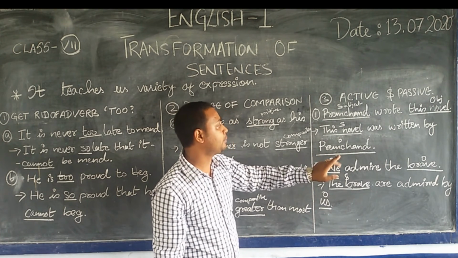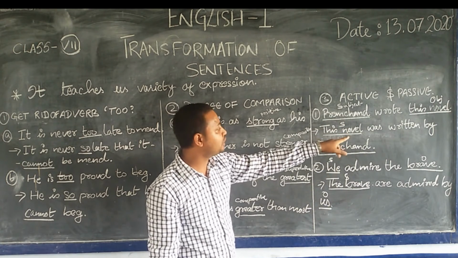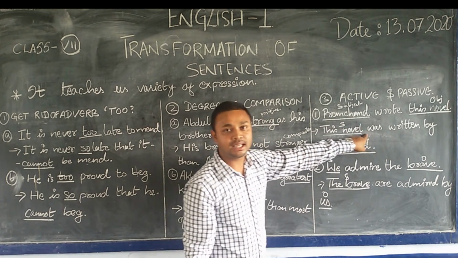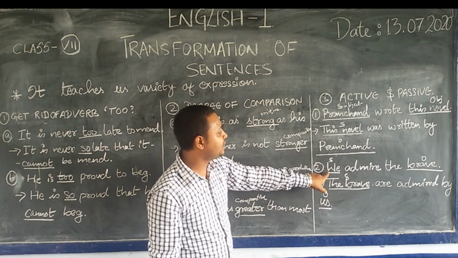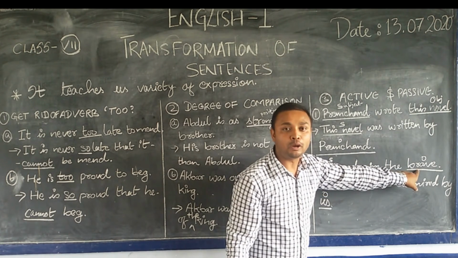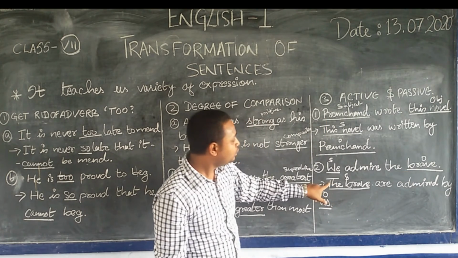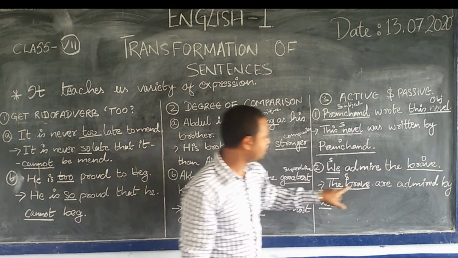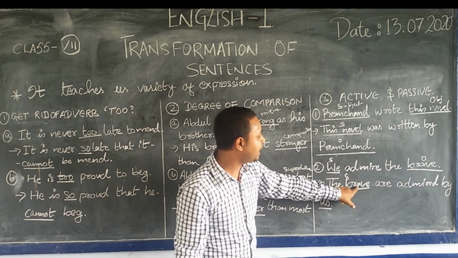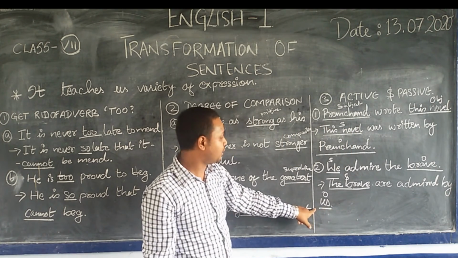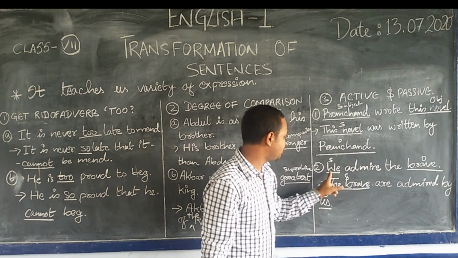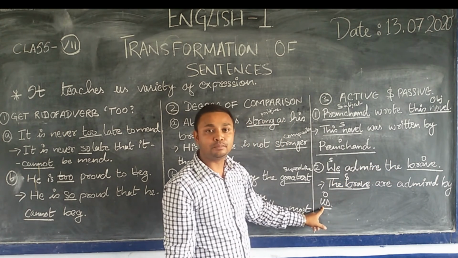And you always have to remember that whenever you write passive voice, the tense must be kept the same. Now in the second sentence, the subject is "we" and "the brave" is the object. The object becomes the subject: "The brave are admired by us." Now "we", the subject, becomes "us", the object.